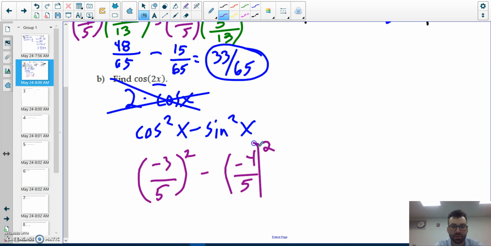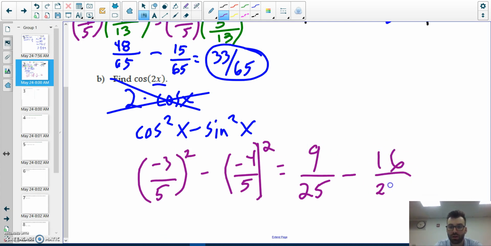That's a parentheses. Alright, well, I know that -3 times -3 gives me positive 9 over 5 squared, which is 25. When you're squaring a fraction, remember you square the numerator and then square the denominator. Minus -4 squared is 16 over 25.